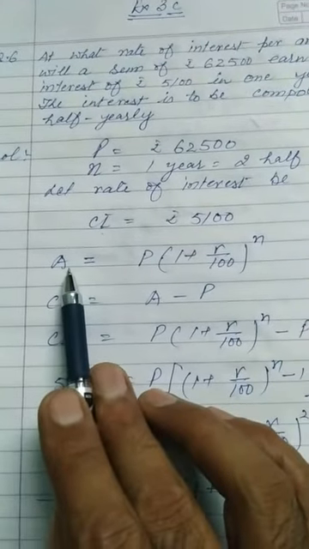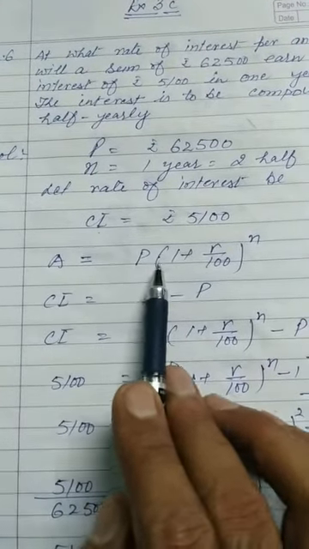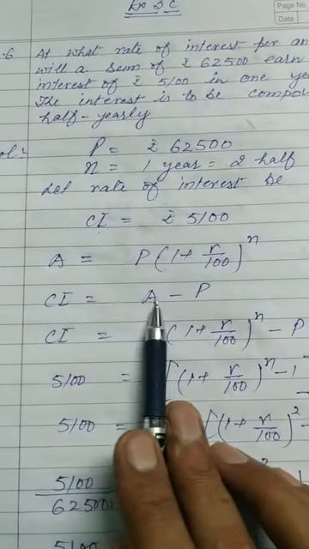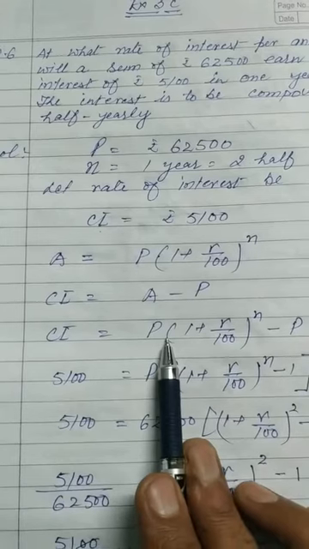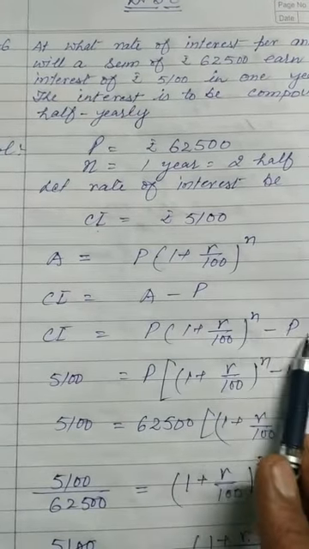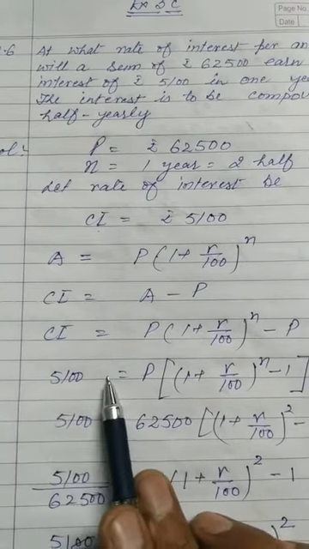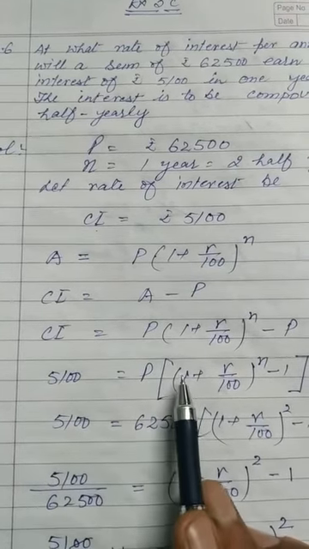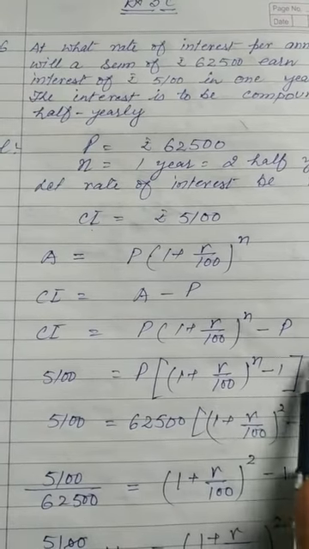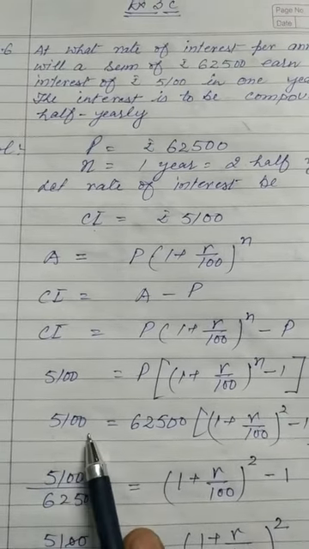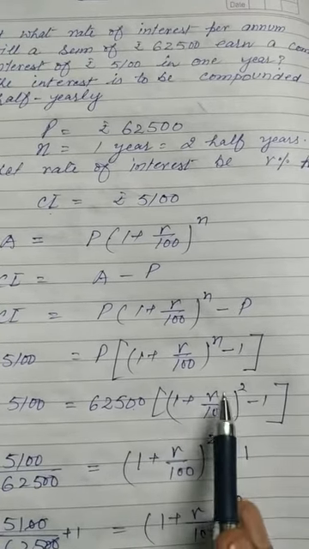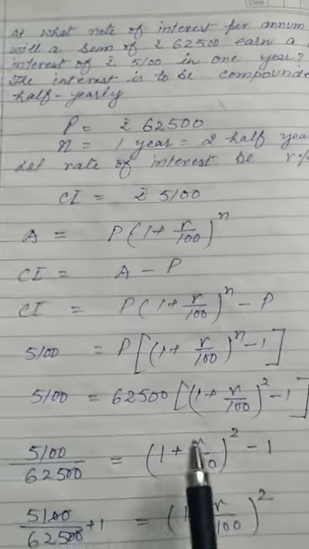Amount A equal to P into (1 plus R upon 100) raised to power N, or CI equal to A minus P. CI equal to P into (1 plus R upon 100) raised to power N minus P, or 5,100 equal to P, taking P common, (1 plus R upon 100) raised to power N minus 1. So 5,100 equal to 62,500 into ((1 plus R upon 100) squared minus 1).